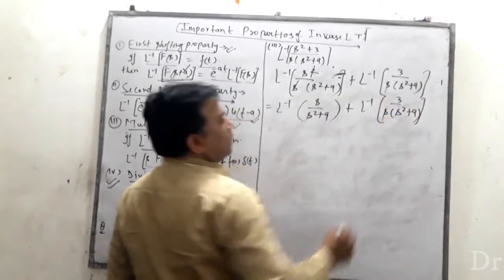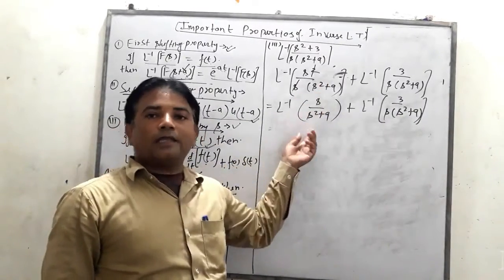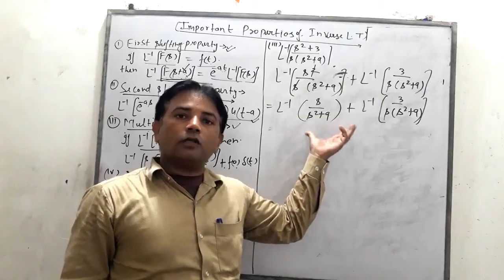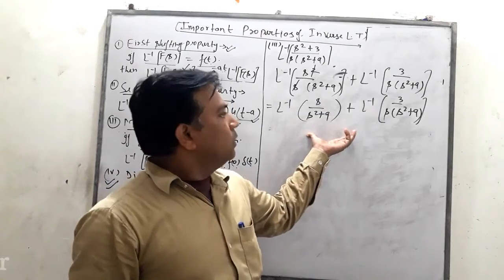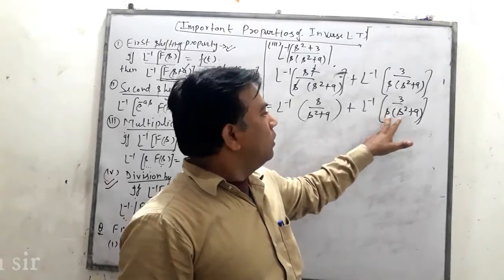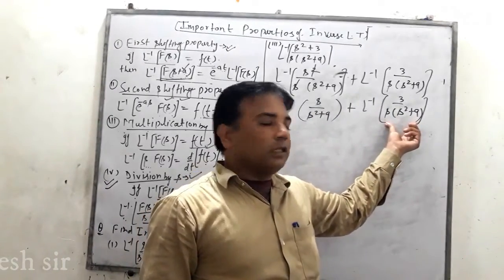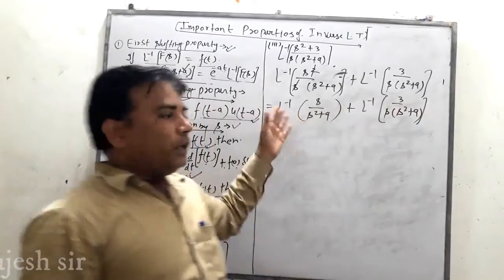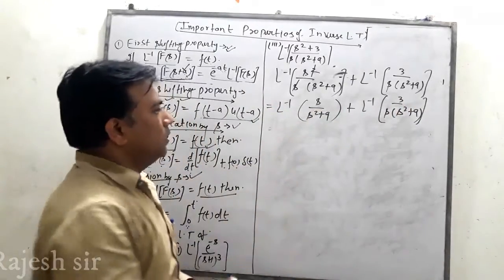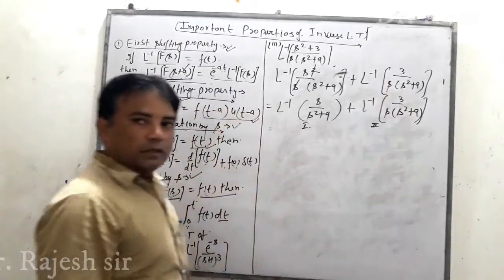We see that this is the simple form s upon s square plus a square, which means cos at. Then after this, for 3 upon s times s square plus 9, we could change it to partial fractions, otherwise apply the property of division by s. We let this be the first function and this the second function.